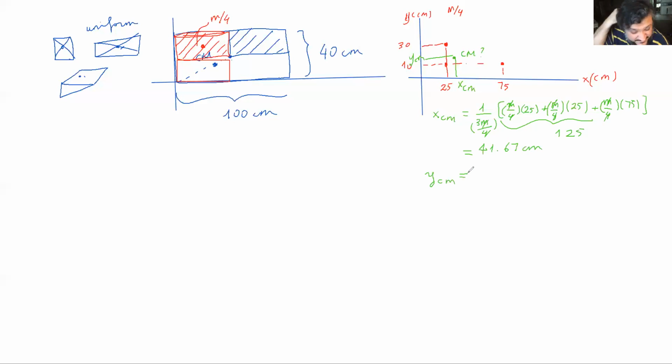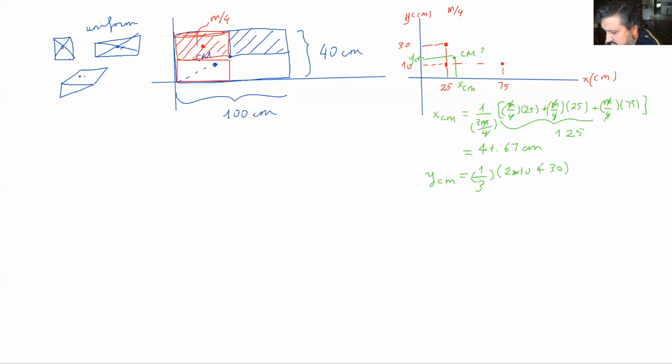So the y coordinate of the center of mass. Now those masses will cancel, right? So 1 over 3, and I have a 2 at 10, which makes 20, and 1 at 30.